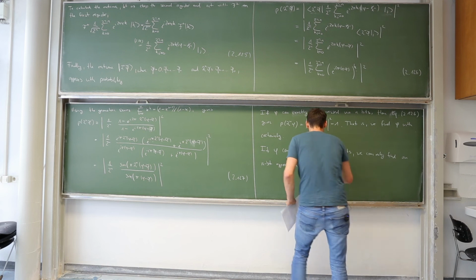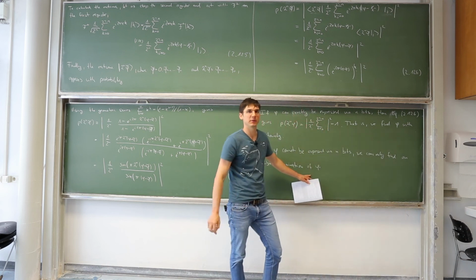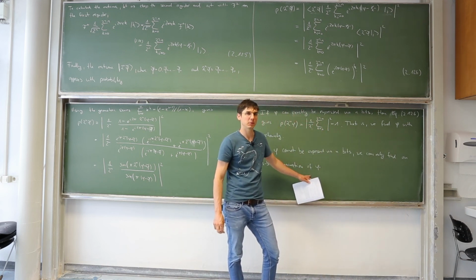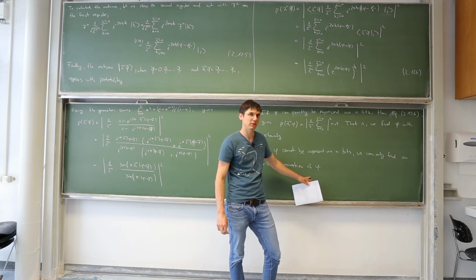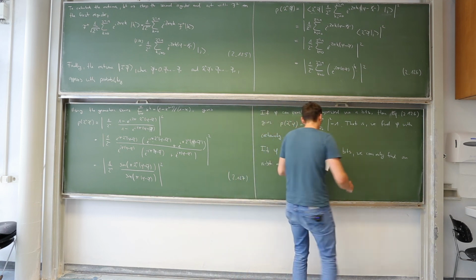Okay, now let me show you that we do find an n-bit approximation which is close to phi with high probability. Okay.